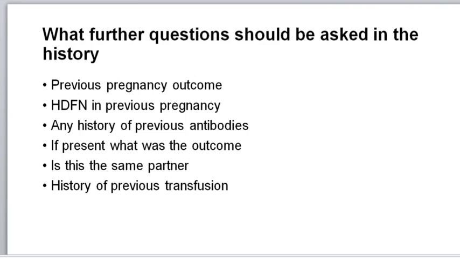Because if this is the same partner, we would know the genotyping of the partner if that has been done for the first pregnancy. So these are a few questions that we should ask from the patient or from ourselves, and we should see the record of these things for this particular pregnancy.